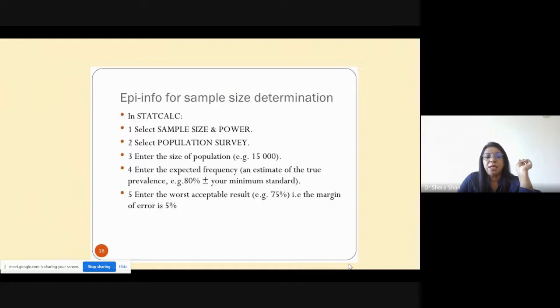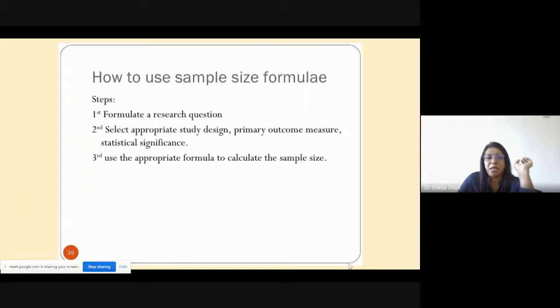So when you key in, select the sample size and power, the population survey, how many people in the size of the population, what is your standard error, what is your minimum standard, and all that you key in. And first you must know your research question, what study.